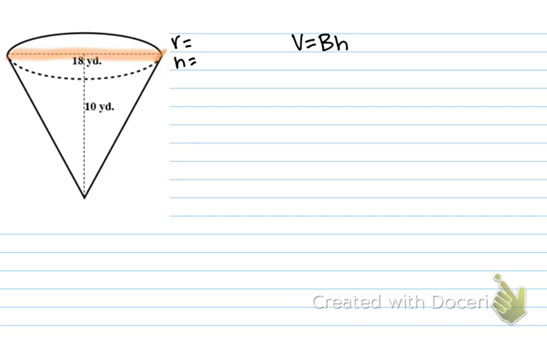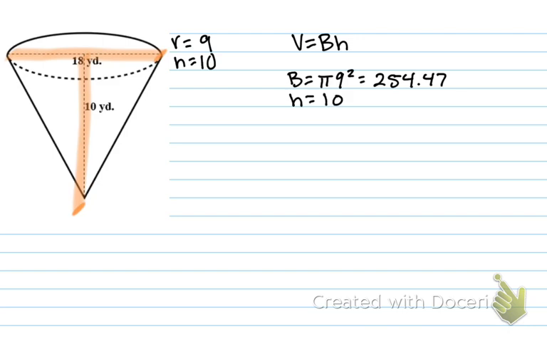So half of 18 is going to be 9. And our height is going to be this part right here, which is the 10. To find my area of the base, I'm going to do pi r squared, so pi times 9 squared, and when I put that in the calculator, I should get 254.47. And my height obviously is 10.